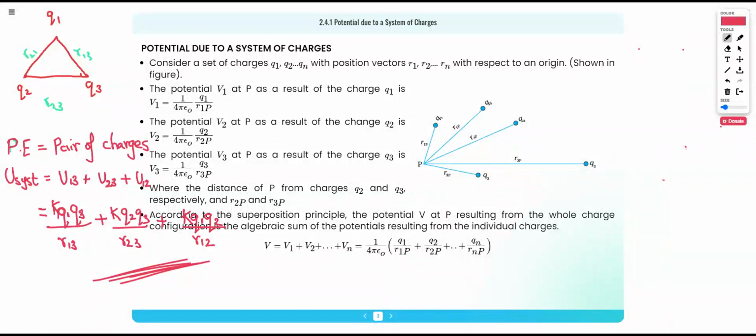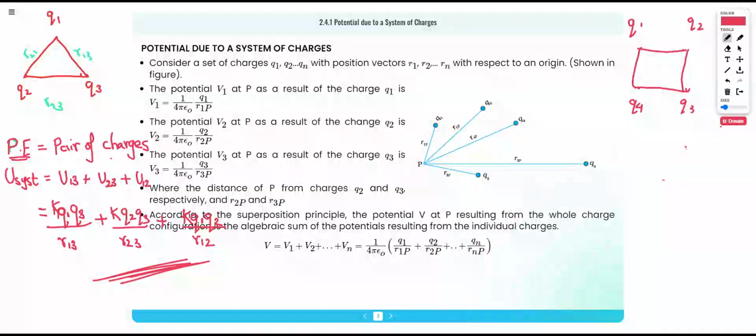So here we have 4 charges. We'll name them Q1, Q2, Q3, Q4. I'll join this square. There are how many pairs? See, here there were three pairs, and as there were three pairs we found three potential energies.